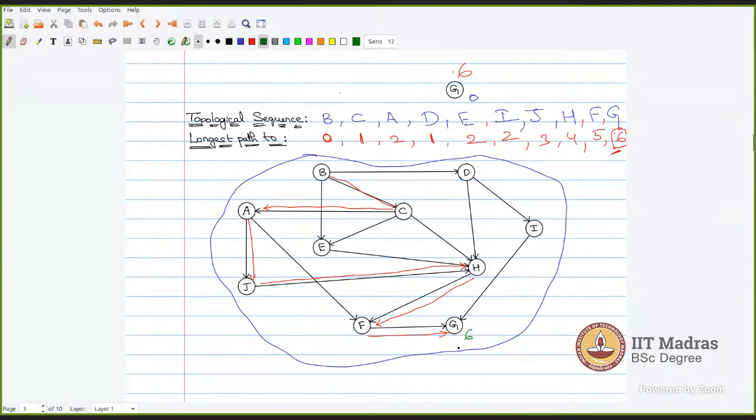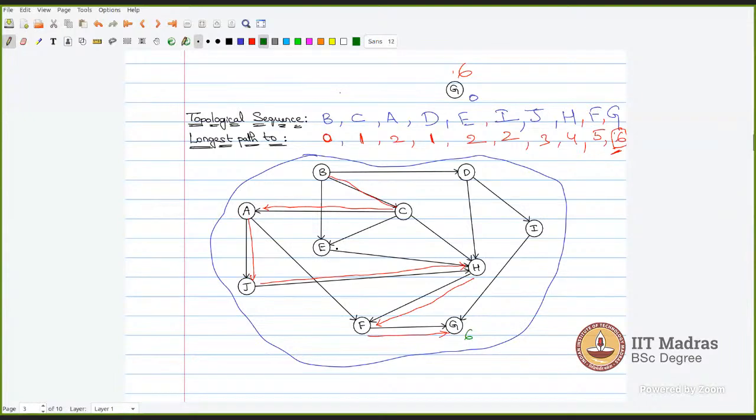Sir, my question is, G's longest path is 6, I understand, and we started from B. Now let us say if I would have started from E, would it also give the same longest path 6, or will it be less? No, it will differ.